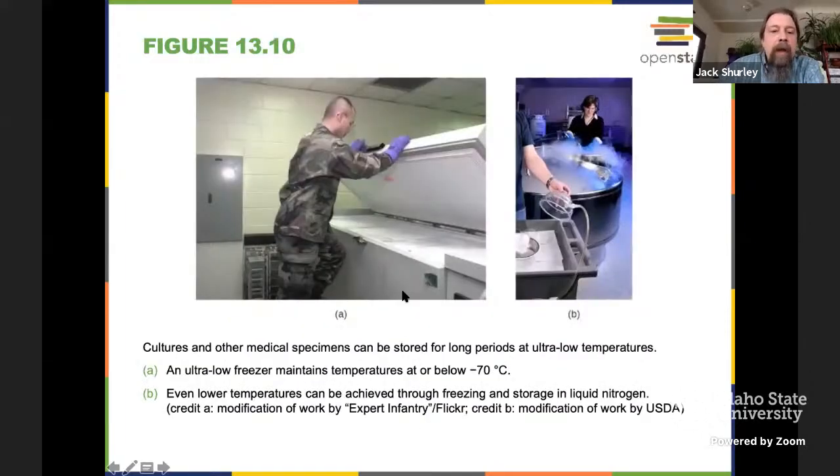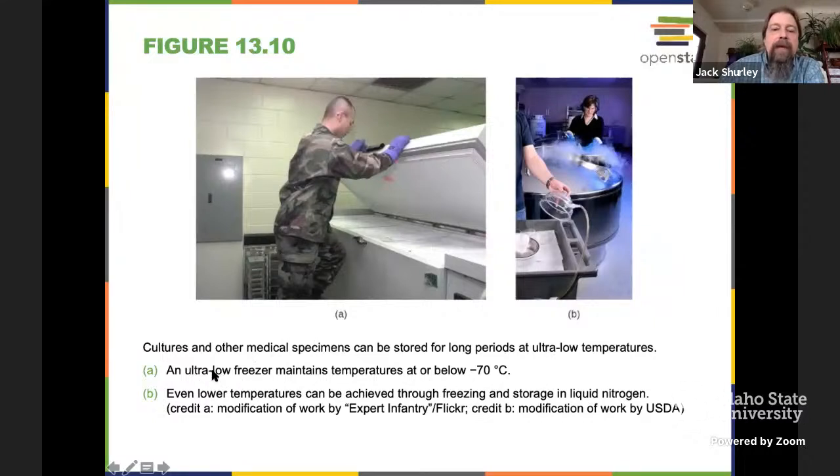So here, instead of heat, we've got super cold temperatures. So some ultra low freezers or liquid nitrogen as we look at the other image. Although this looks like just a deep freeze that you might have at your house, this is different.